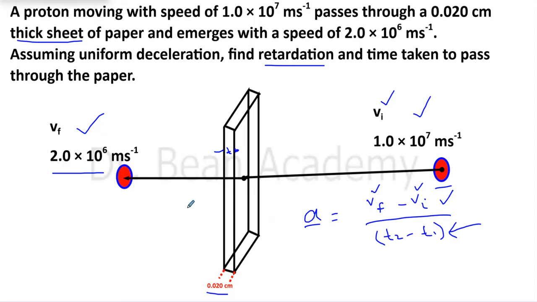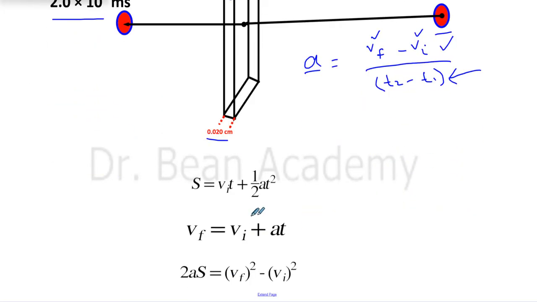Okay, so they gave us a clue. They said that it went under uniform deceleration, so acceleration was uniform. And if there is any motion where the acceleration is uniform, we can use equations of motion. We are very well familiar with these equations, so we can use them.